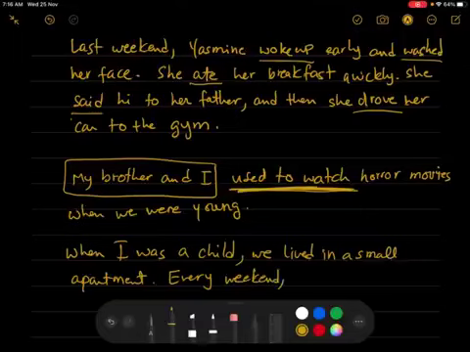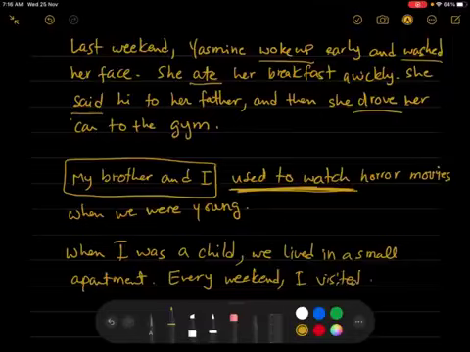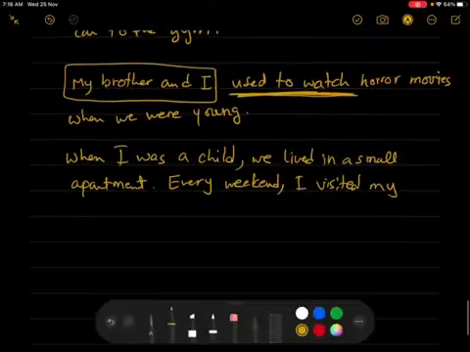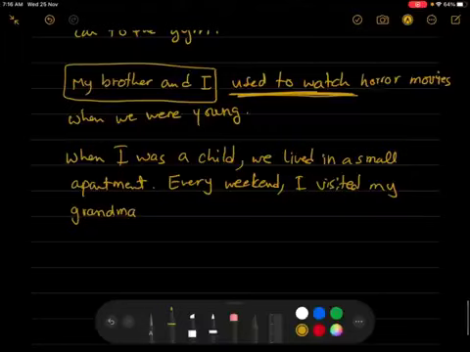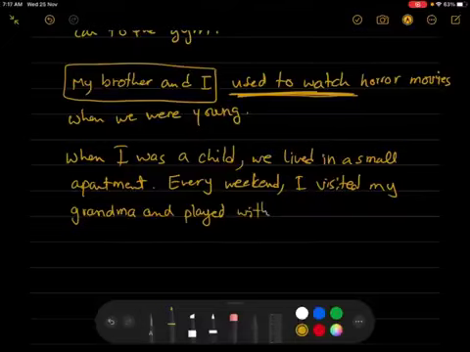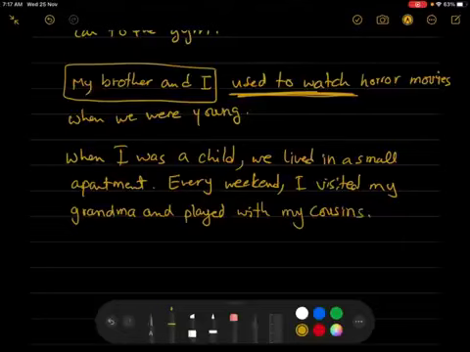Every weekend, I visited my grandma and played with my cousins. So you can feel that we are talking here about habits in the past.